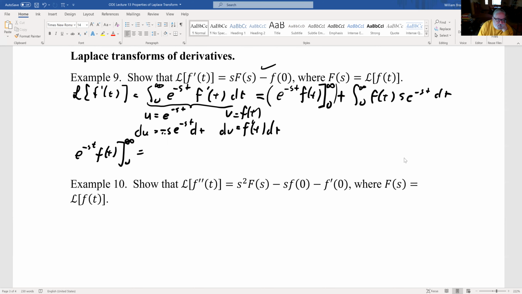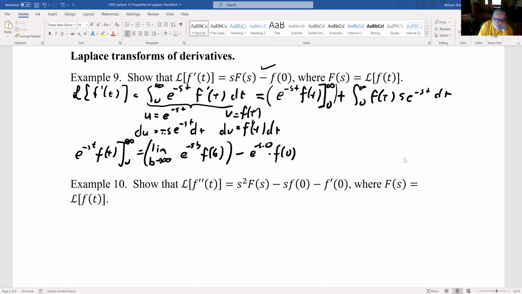Well, we deal with this by saying, anytime we have something going to infinity, we need to take a limit: the limit as b goes to infinity of e to the minus sb f of b, minus e to the minus s times 0 times f at 0.